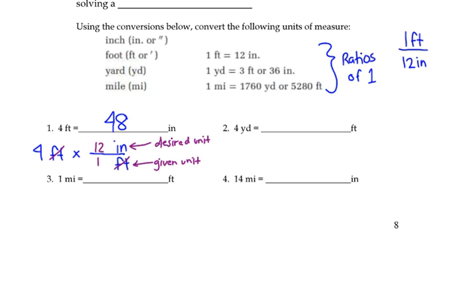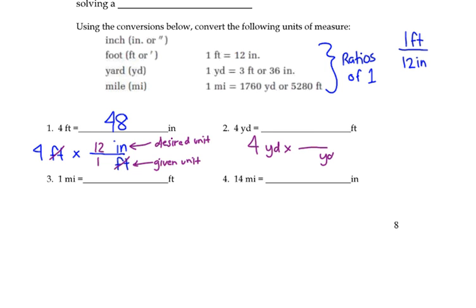Let's try another one. Why are you doing brackets, guys? Oh, fractions? I'll teach you that when you need to learn it, I promise. So what unit's going to go in the denominator?